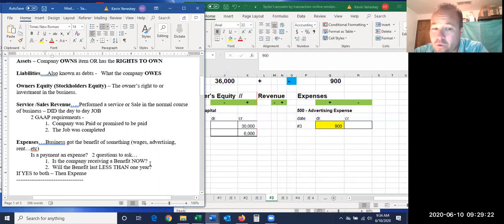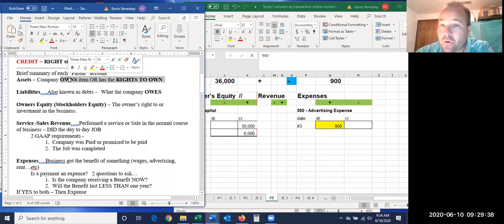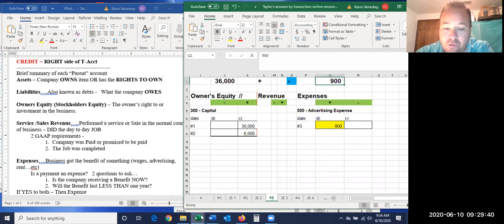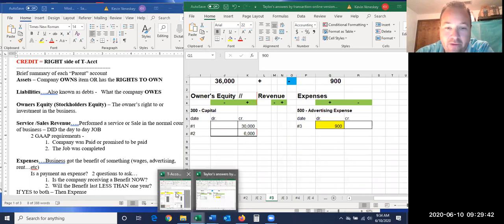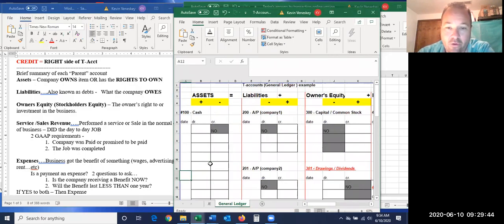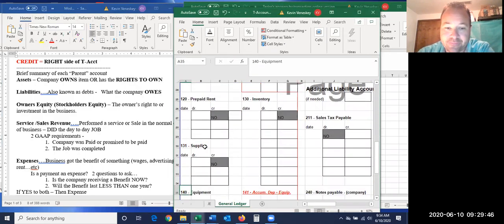And the answer is no, not really. We just bought them and we're going to use them next week, next month, whenever it is. That's when we'll expense it, because that's when we get the benefit of it. So for now, the supplies are simply items that I own. And in your T accounts, we have an asset account called supplies. This is where we're going to put it.